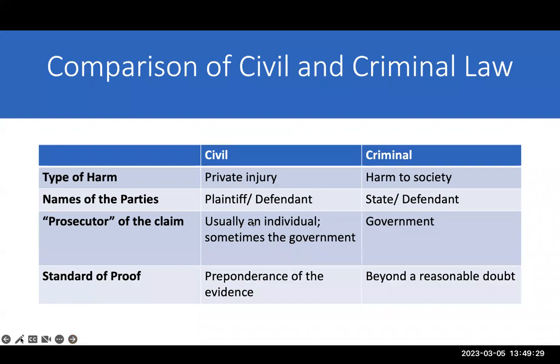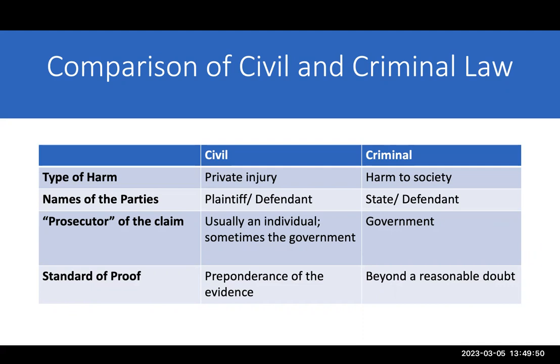The slide in front of you breaks down the different areas covered by civil and criminal law and summarizes the differences. Again, civil law deals with private injuries, criminal law deals with harms to society.